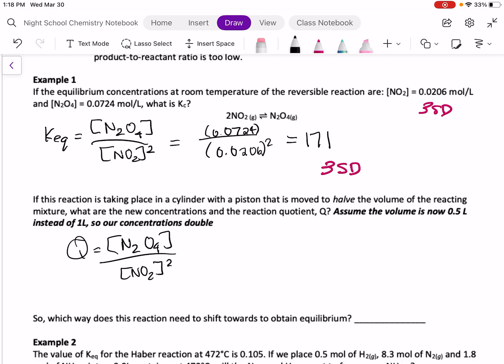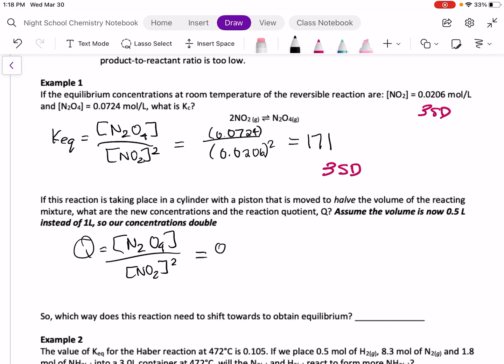I did the math to change my new volume to 0.5, and I got the answer 85.3. So I want you to try that on your own and see if you get that answer.